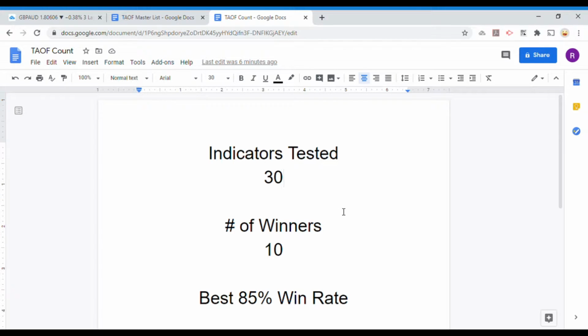The best so far has been an 85% winner, which is a very respectable win rate for a single indicator to achieve. So as we are working on building the best trading system possible, you could take any one of these indicators and get out there and start trading the market with it now. Go back and watch those videos, make a list of those indicators, pick the ones that you like best, and see what you can do with them. But stick with us here as we work on maximizing your profit.